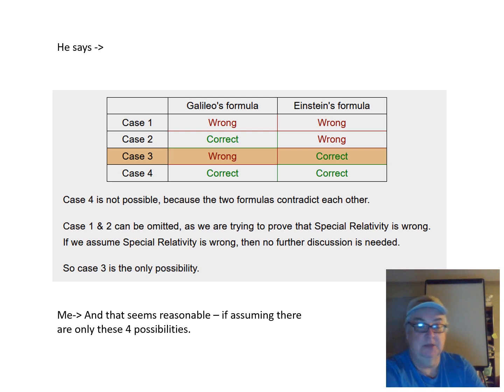So the only case you need to consider is case 3 as the only possibility, where you're saying Galileo's formula is wrong but Einstein's formula is correct. And that seems reasonable if assuming there are only these 4 possibilities.